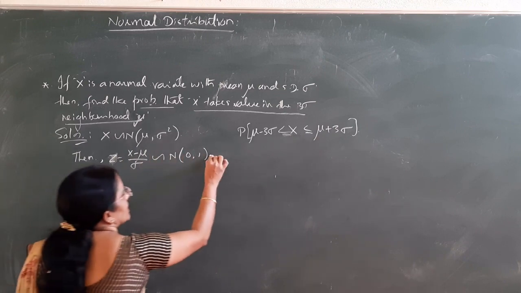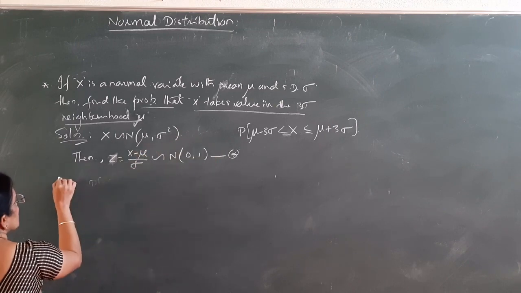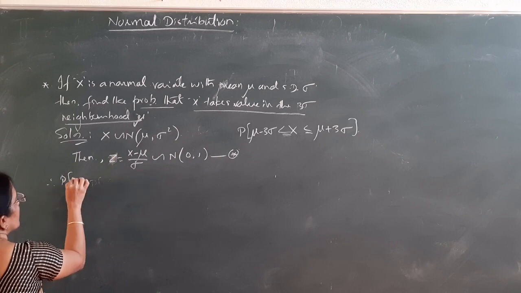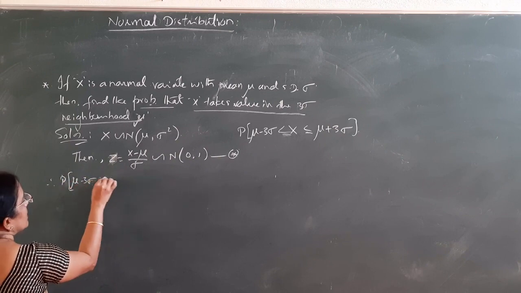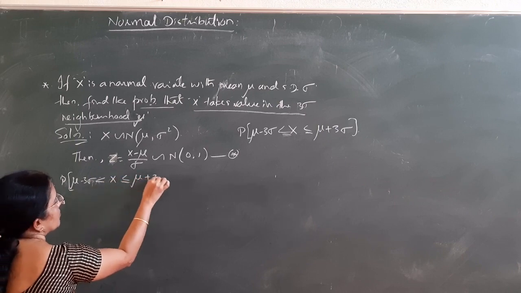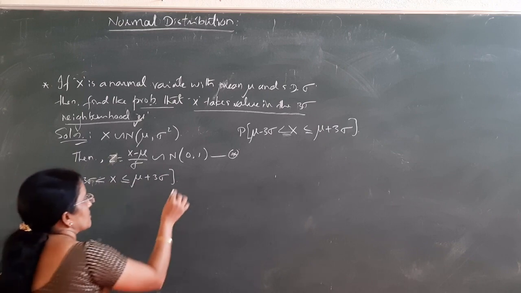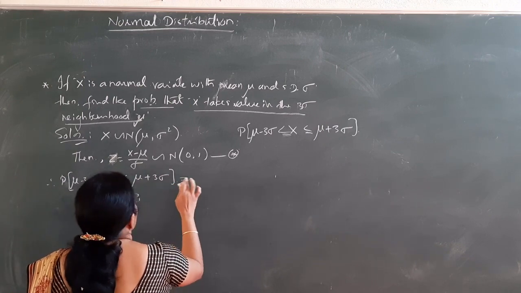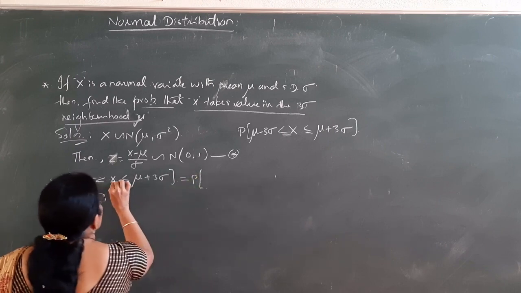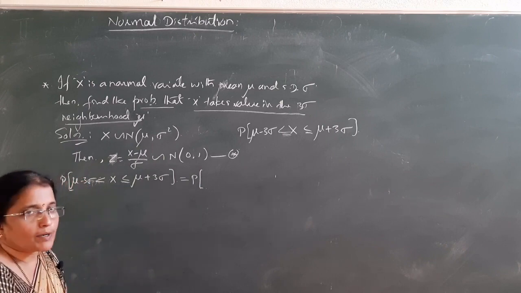After this step, next go for the asked question, that is the probability of mu minus 3 sigma less than x less than or equal to mu plus 3 sigma. This one we have to calculate. Next step, write this as the probability of, in place of x, this factor x minus mu by sigma.